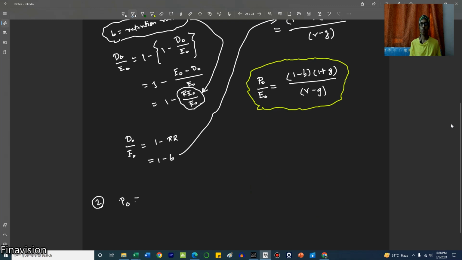P0 is equal to D1 by R minus G, because we already know that D1 is equal to D0 into 1 plus G, right? So we can divide both sides by E1.